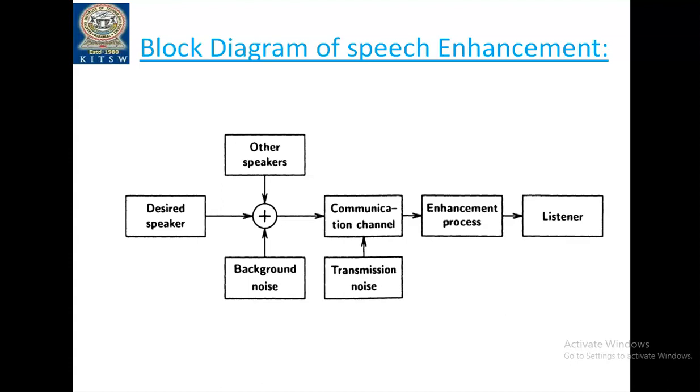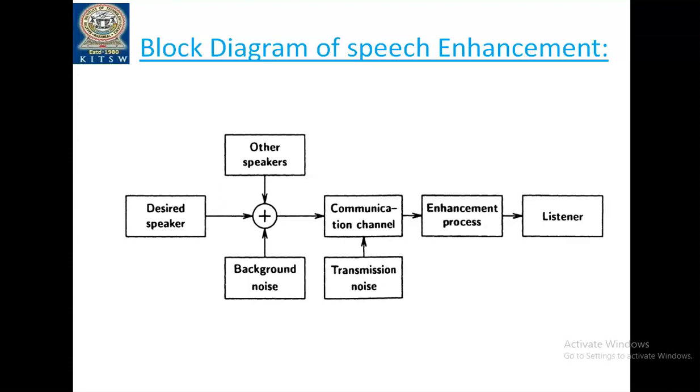So for that we are going to be looking for the block that is the enhancement process. During this enhancement process we are going to be using several kinds of methods or techniques that can be possible to enhance the quality of the speech. And I keep on telling the same thing: when we want to enhance the speech signal, it is not only the quality of the signal, but also it has to be possible to understand each and every word spoken by the speaker.